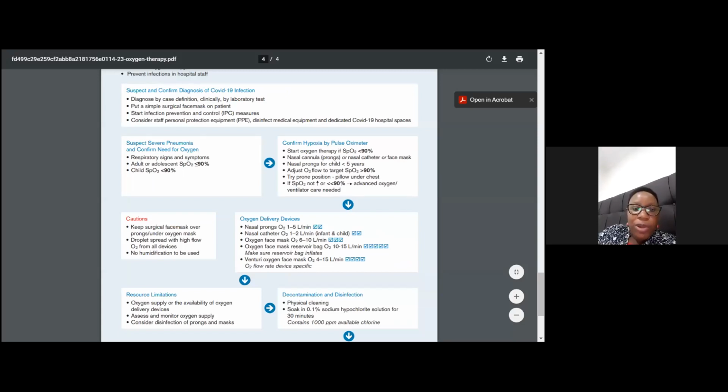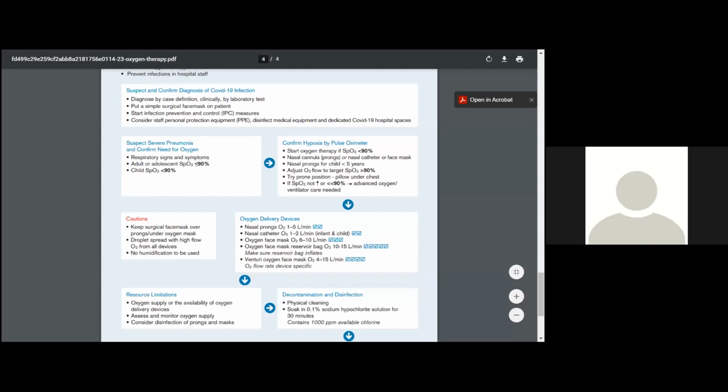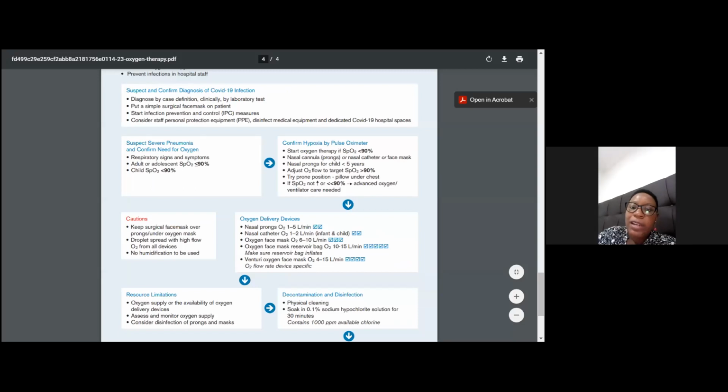So with a non-rebreather mask, you're going to deliver oxygen at 10 to 15 liters per minute. However, you should remember that we also have a device called a Venturi face mask. A Venturi face mask will deliver oxygen at a flow rate of 4 to 15 liters per minute.